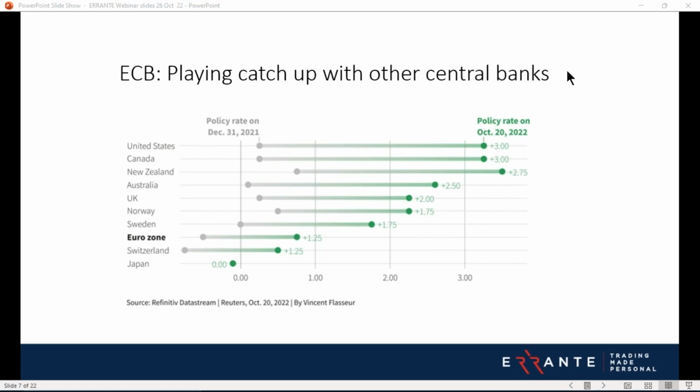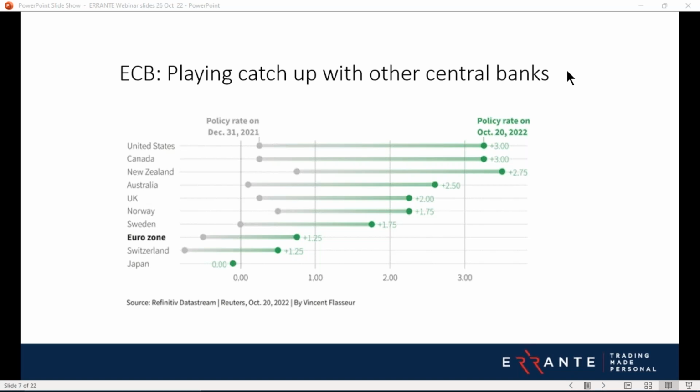We're at 1.25% in the Eurozone, and you can see the other policy rates pushing much further ahead in all the other major G10 economies, at least for the time being. So ECB inflation is running into really near double digits.